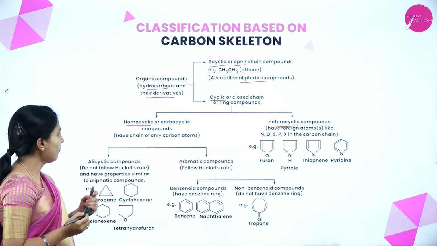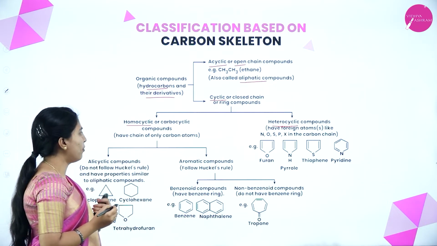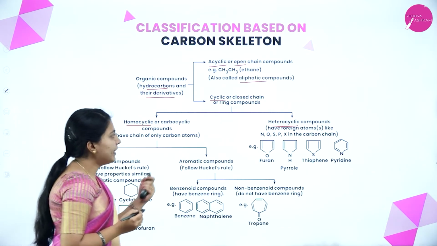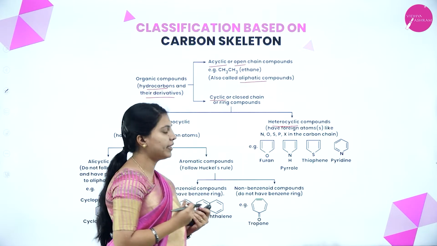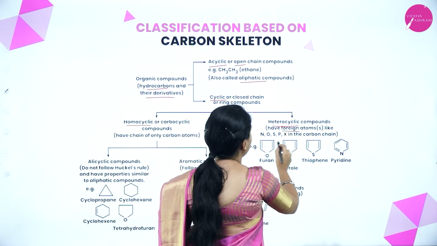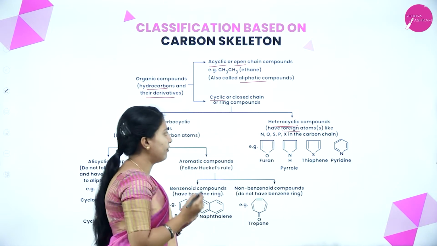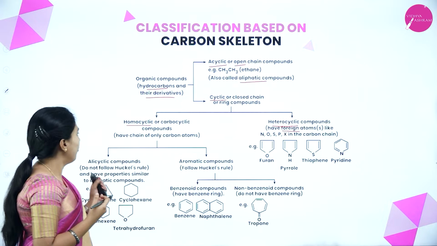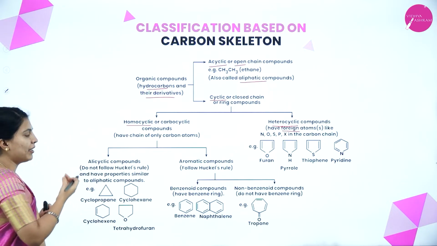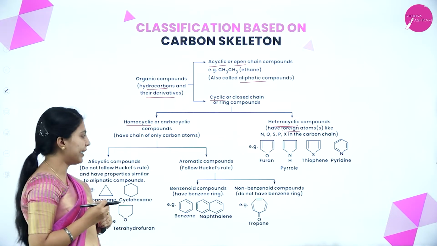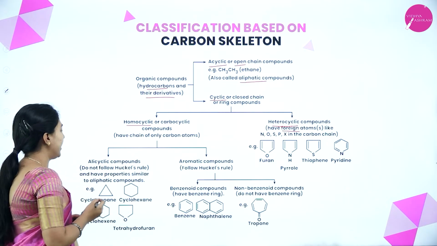Homocyclic compounds have a chain of only carbon atoms, but the heterocyclic has not only carbon atoms, it also has foreign atoms like nitrogen, oxygen, sulfur, phosphorus and halogen in the carbon chain. Homocyclic, as I have told already, contains only carbon atoms.